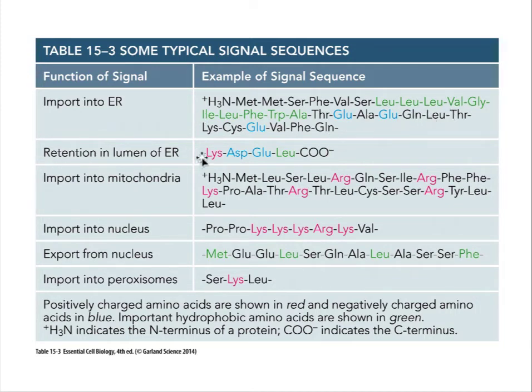So this one here, lysine, asparagine, glutamine, leucine, these 4 amino acids at the end of a polypeptide result in the retention of the protein in the lumen of the ER, whereas this particular sequence here, serine, lysine, leucine, would result in the importation of that polypeptide into these organelles called peroxisomes.